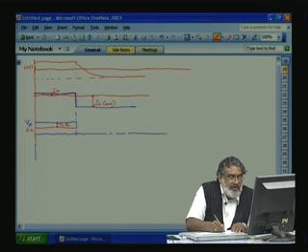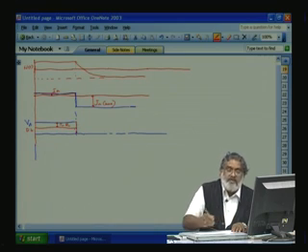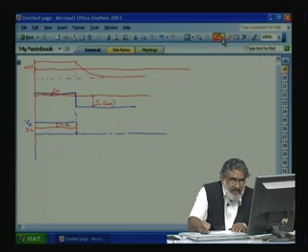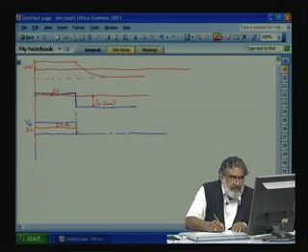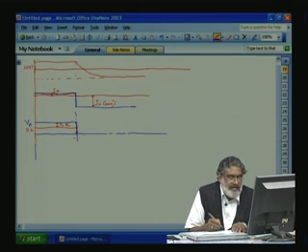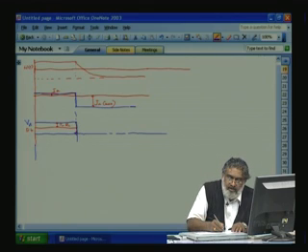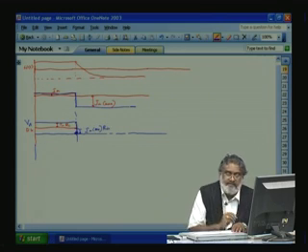VA will immediately change and come here, such that now this difference between VA and EB will be equal to mu IA maximum into RA.